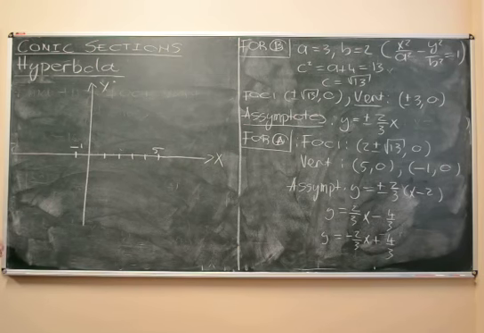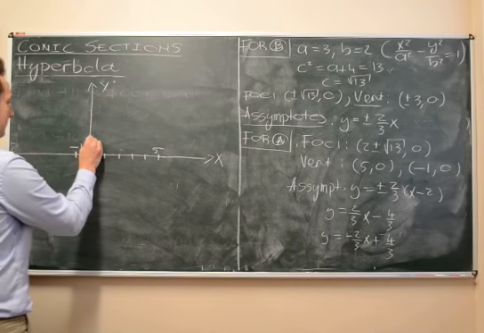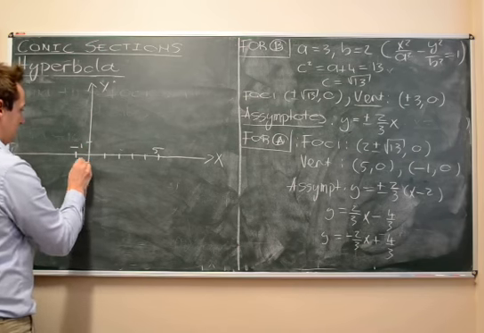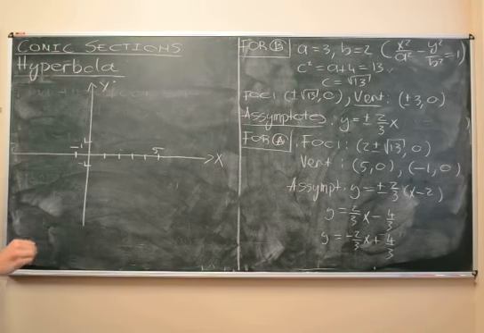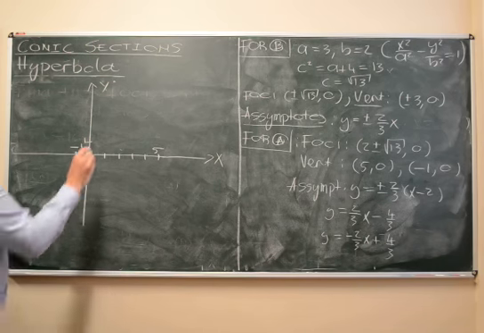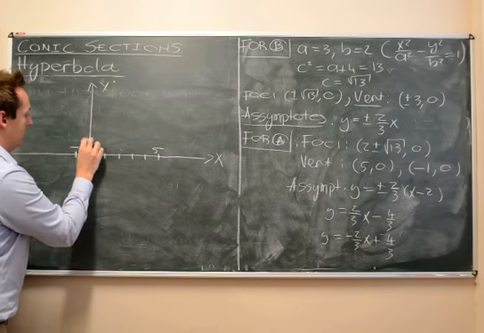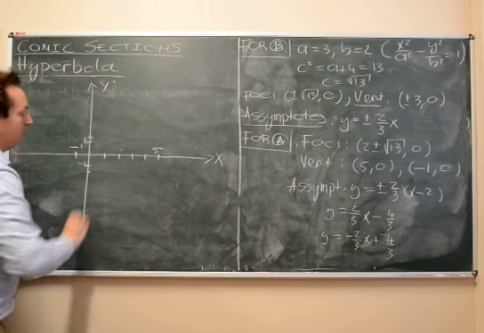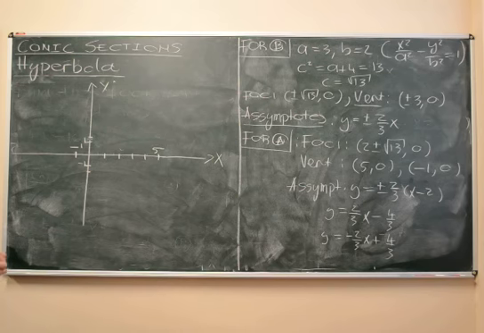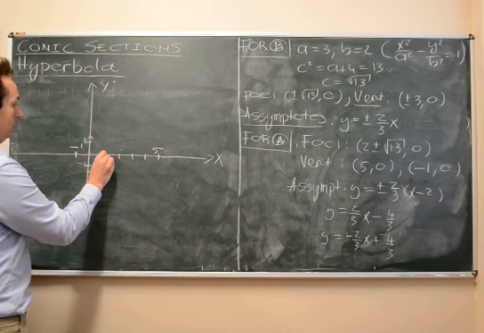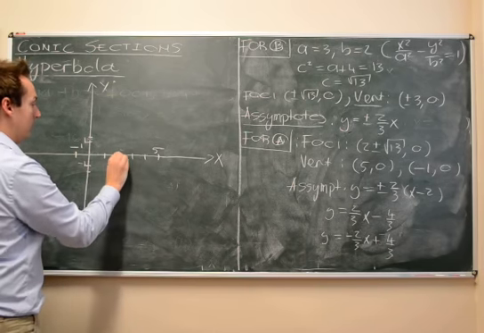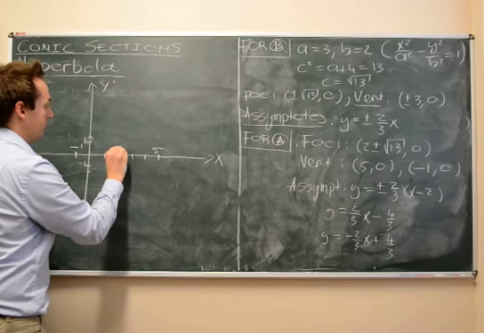And let's sketch in our asymptotes. They're going to have y-intercepts at plus 4 over 3 and minus 4 over 3, about there and there, and their x-intercepts are going to be over there at x equals 2.